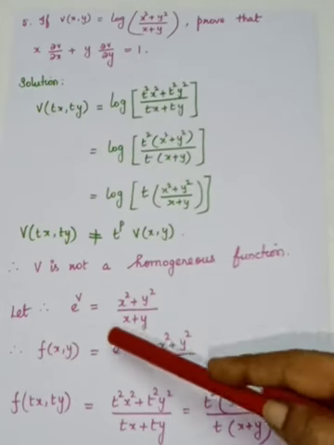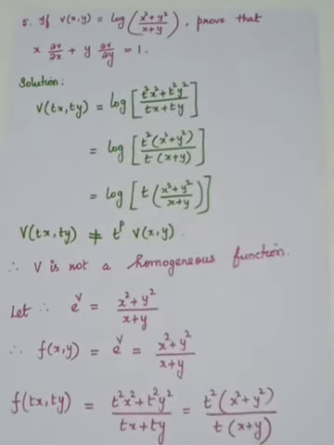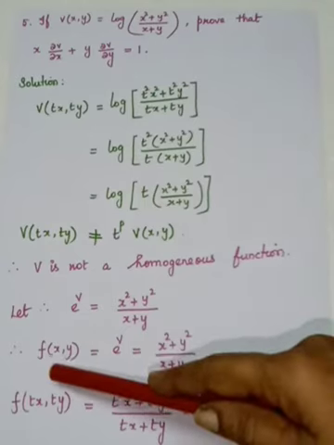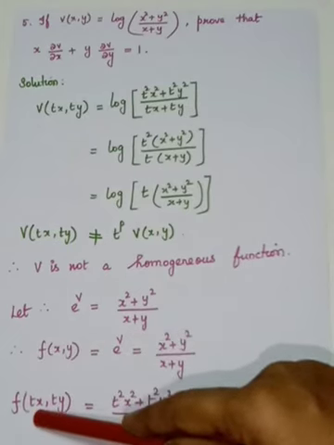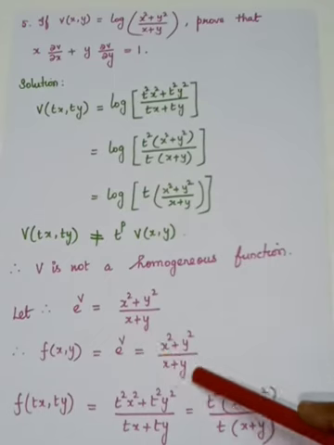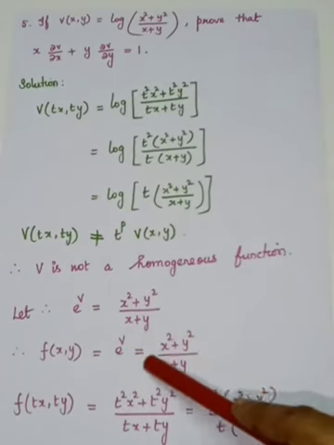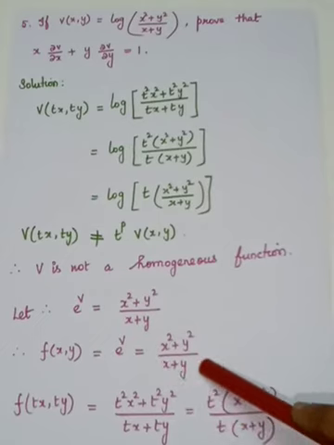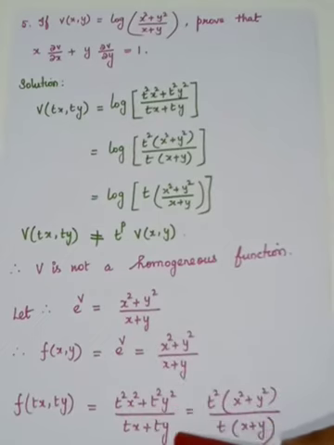So here you have to check whether the given f is homogeneous or not. For that we have to replace x and y in f by tx and ty. To check the homogeneity, if you consider this term, it is easy for you. So it is t squared x squared plus t squared y squared divided by tx plus ty.